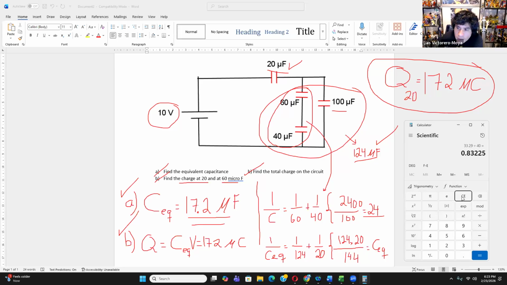We did this to find the voltage on the branch and multiply by 24, and that was the charge on 60 and 40, which is also the charge on 24, the charge on 60, and the charge on 40.